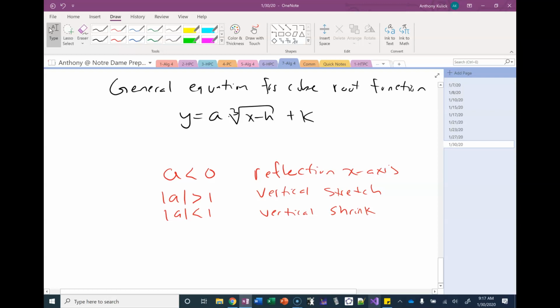What does the H do? Do you remember that? What transformation does the H do? That's the translation, left and right. That's good. So when H is positive, we're going to go right that many units. And when H is negative, we're going to go left that many units.